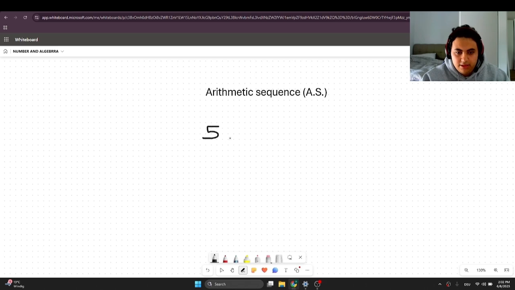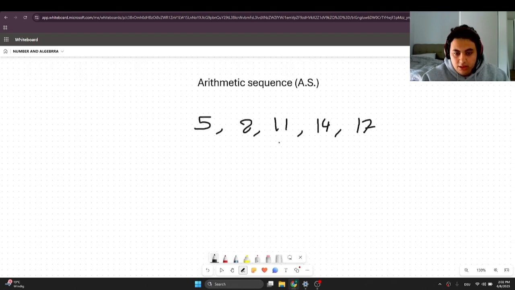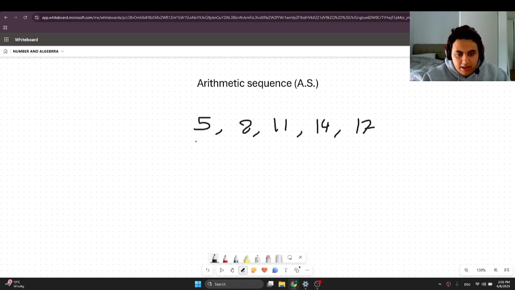So let's say we have this sequence over here: 5, 8, 11, 14, 17. Let's try to notice what the pattern is. What is happening to these numbers as we move forward? Here, 5 to 8, that's 3.